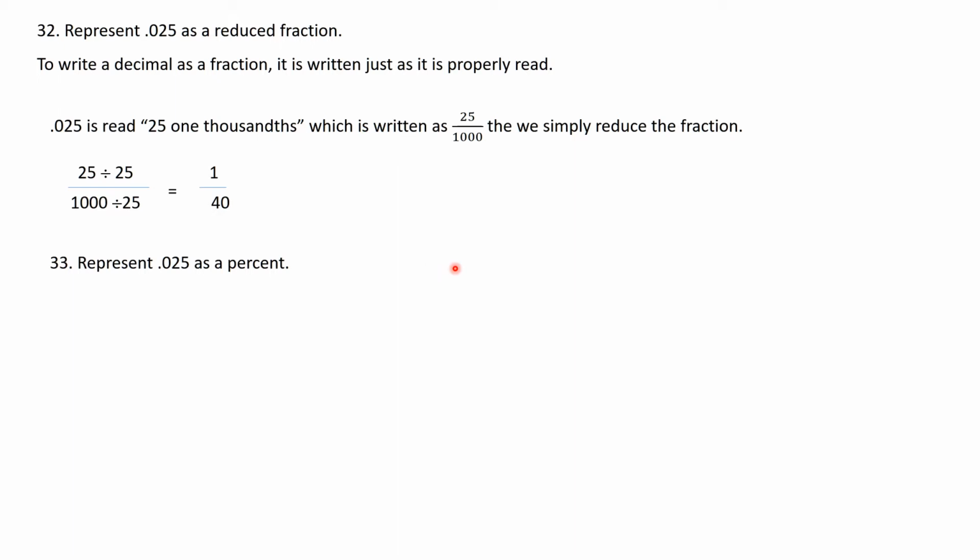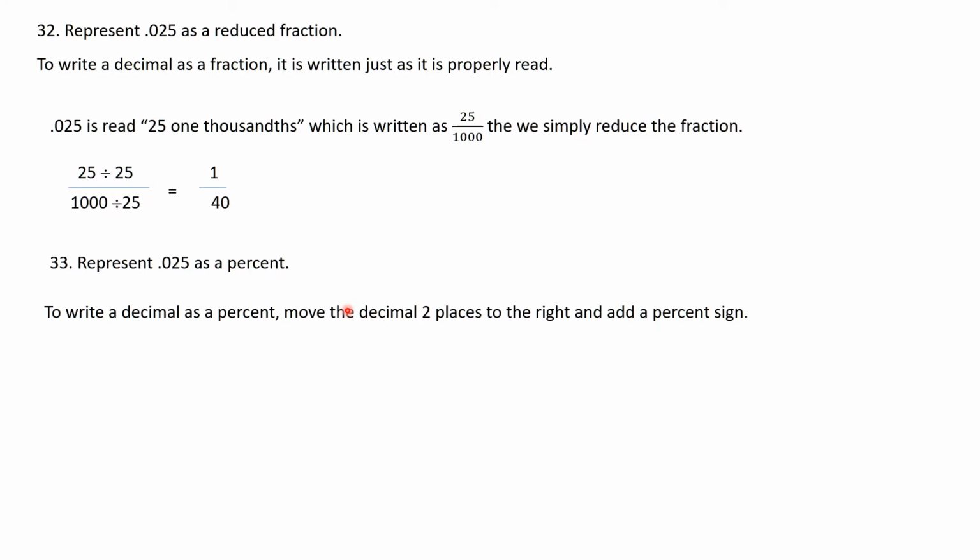So when I want to write this as a percent, I can move this decimal to the right two places and add the percent sign. So 0.025 would be 2.5%. Move it over two places, add your percent sign.